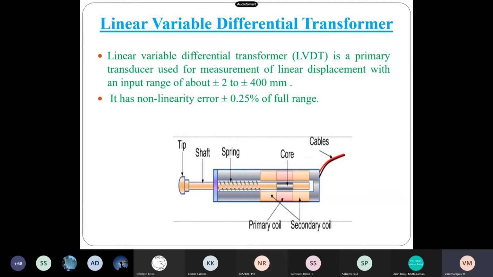Therefore, when we subtract the EMF of coil 2 from coil 1, we get a negative value. When we keep the core at its left, the EMF produced in coil 1 is greater than in coil 2. At that time the net EMF, or flux linking, will be greater, that is positive.